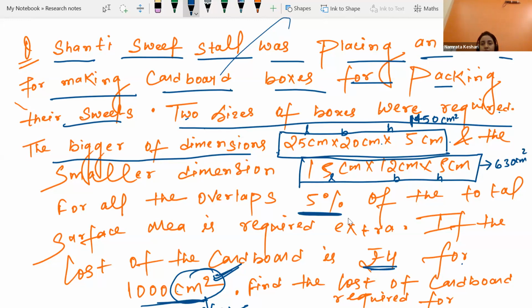Ma'am, I multiplied by 5% and divided by 100 to get the extra area for overlap. And then you have added that to 1450. Yes, everyone getting it? 1450 and 630. Please check it first. Take your time and do it.